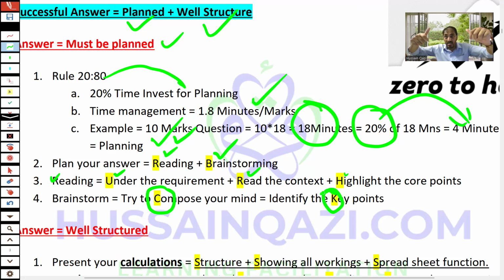If there is some calculation, develop the structure in your mind, or develop your structure on the scratch card or your spreadsheet. So you need to develop your raw thoughts first. Once you develop the raw thoughts, if you then execute the question, the mind will automatically run or compose accordingly. Brainstorming simply means developing your mindset before execution.